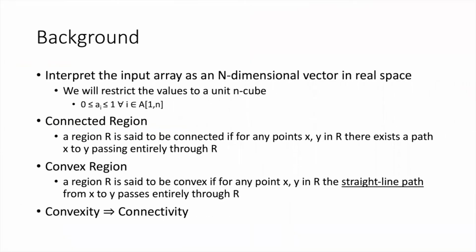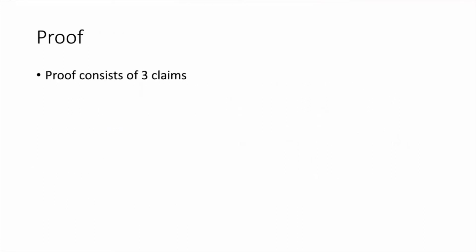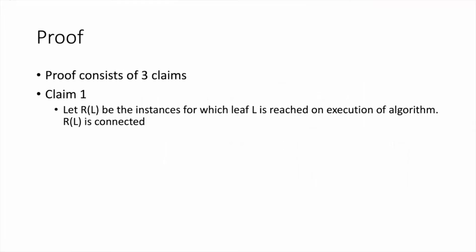It'll make sense why we interpret the array as an n-dimensional vector when we get to actually proving the claims. So bear with me for a second. Our proof is going to consist of 3 claims. Our first claim is: let the region of L be the instances for which leaf L is reached on execution of the algorithm. Then the region of L is in fact connected.